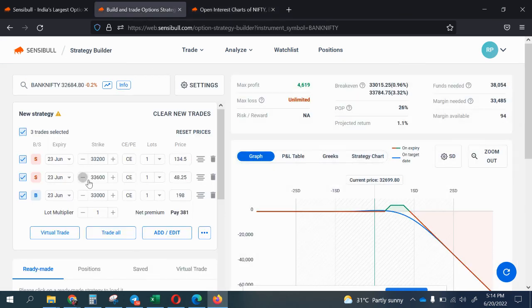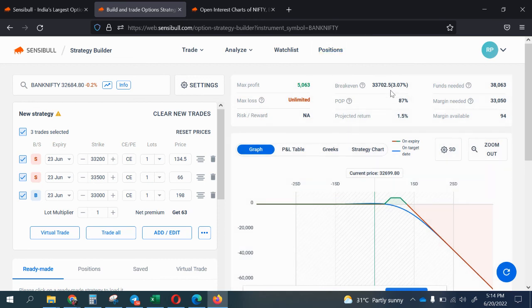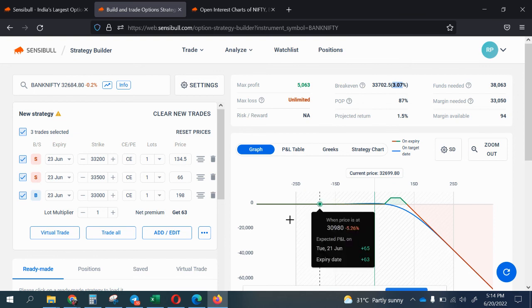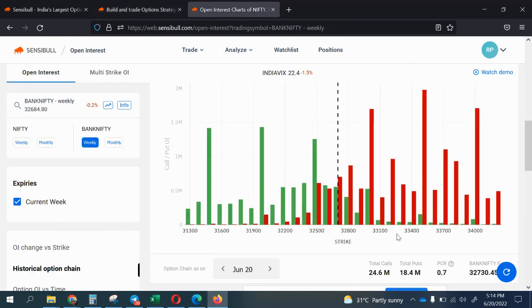At 33,500, this will become completely green, but I would say 33,600 would be the perfect strike, because if these many FIIs or big players are losing their trade, then your turn comes, so you are treating them as a defensive.